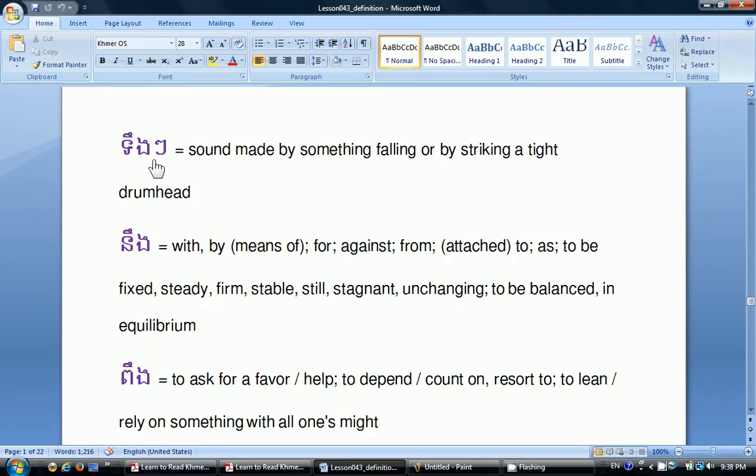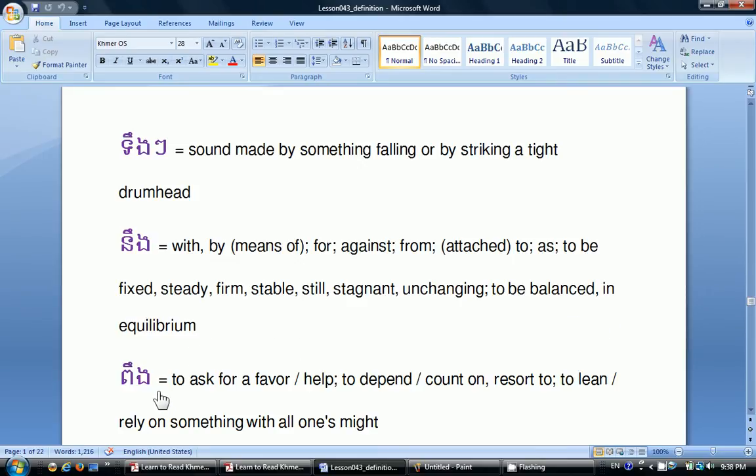So in this case, we would read dung dung, which means sound made by something falling or by striking a tight drum head. Nung means with, by means of, for, against, from, attached to, as, to be fixed, steady, stable, still, stagnant, unchanging, to be balanced, or in equilibrium.